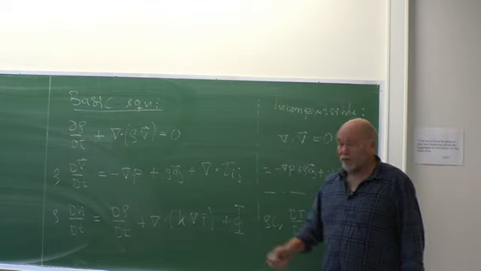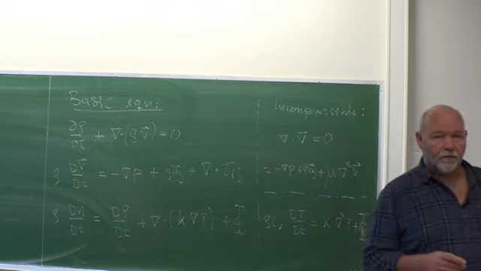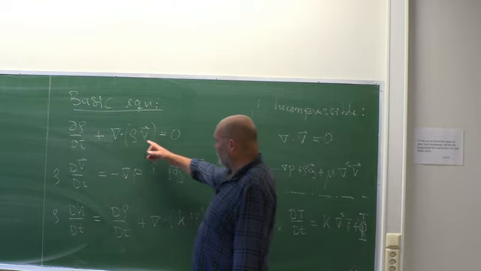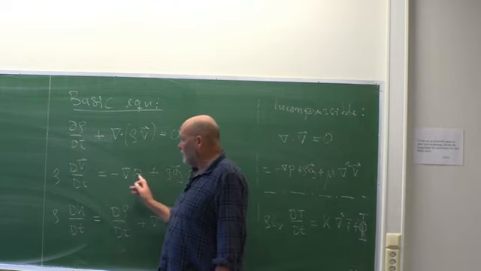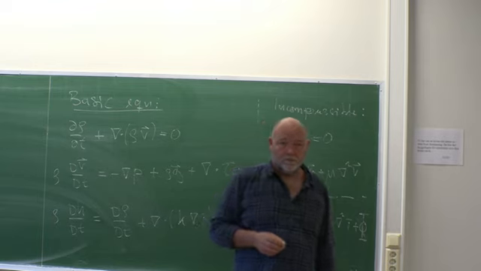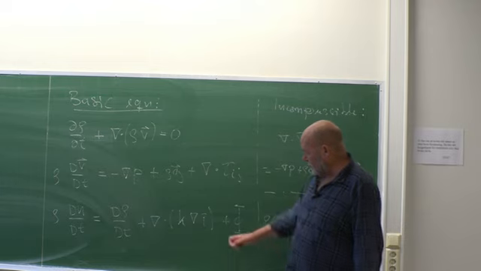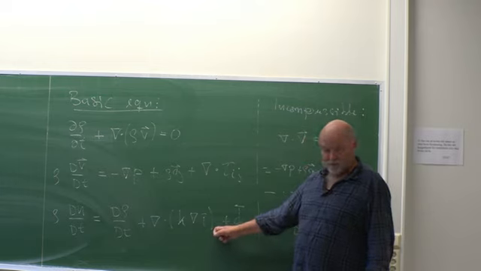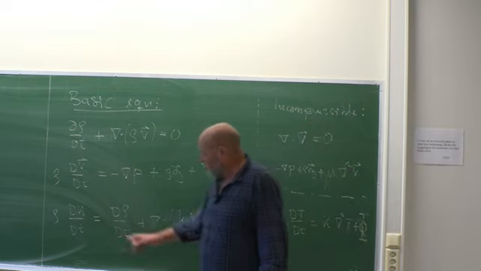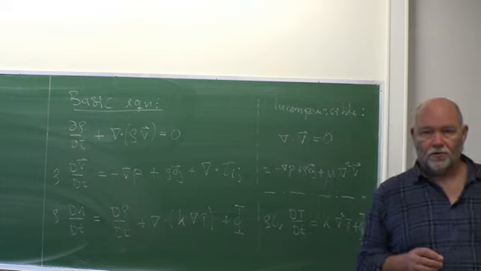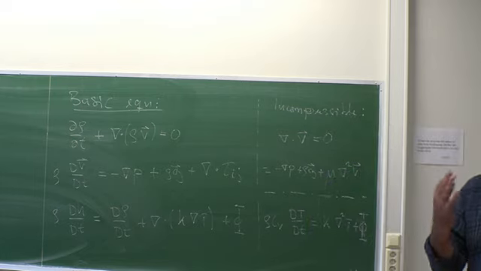Here is a different story. How many unknowns do you have? Well, you have 3 velocity components, the pressure, and the density. So that's 5. And then, depending on the version of this energy equation, whether you use the enthalpy, the total energy, or the temperature, at least that's 1 more.